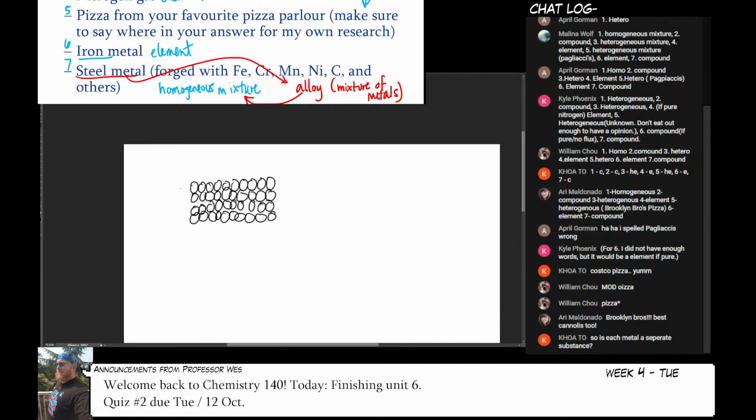What an alloy would look like would be something like this. So the purple ones would be the small substance that you've put in here. And for whatever reason, just having these present makes the mixture stronger. So the elements exist separately in the mixture, but the end result is that they're all bonded together in a specific way that just happens to make the metal more durable or more heat resistant or whatever property the substance has.